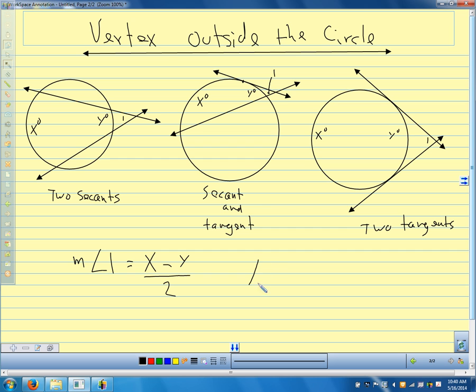My shorthand is angle equals the arc minus the arc divided by 2. And in all three of these ways, my vertex is outside the circle.